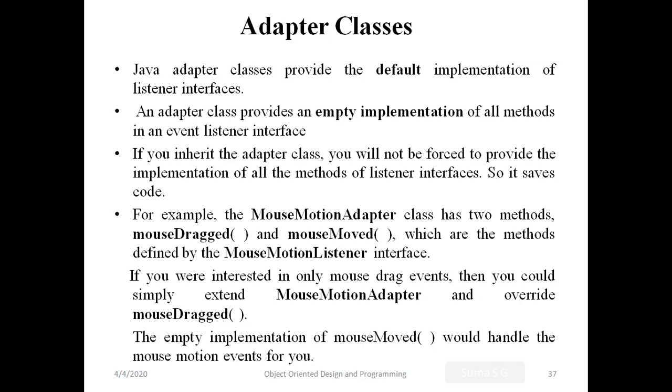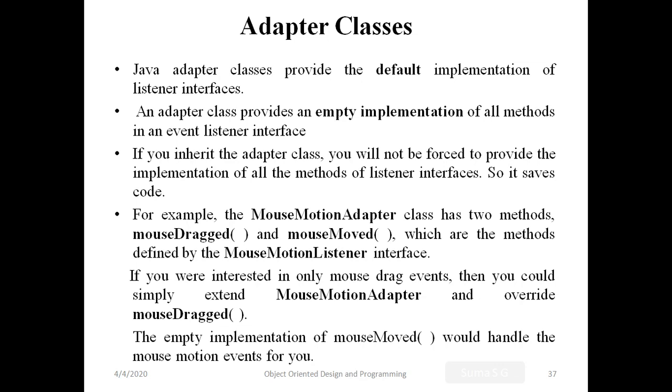If you use a listener interface, you are forced to provide the implementation of all its methods. But if you inherit an adapter class instead, you are not forced to implement all methods. Only the suitable, required methods can be overridden or redefined in your class. For all other cases, the empty implementation will work.